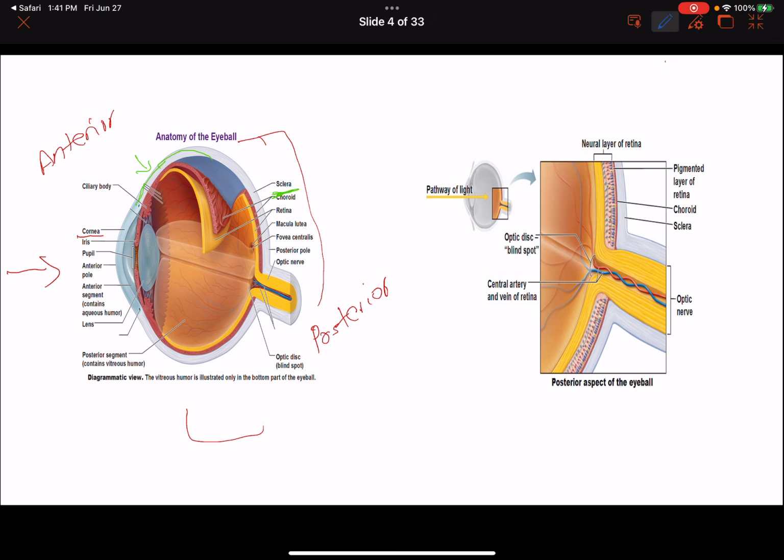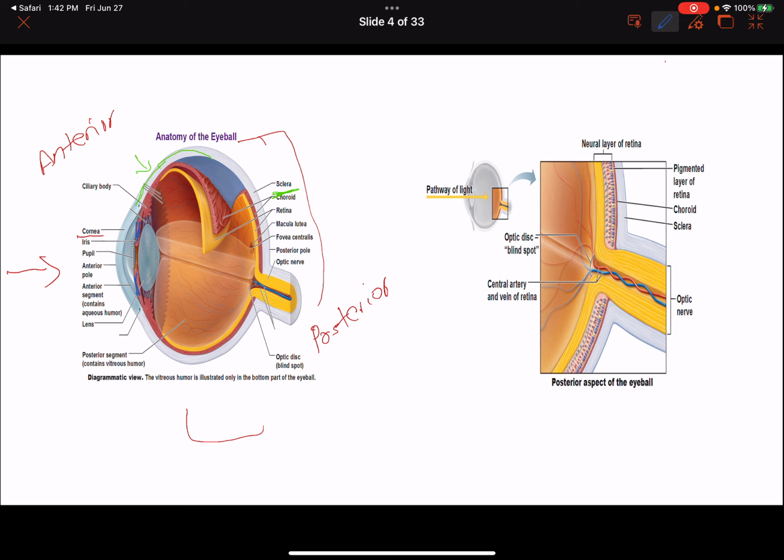Now we're going to look at the iris. This portion over here gives the eye its color. Some of you may have light brown, hazel, blue or green eyes.